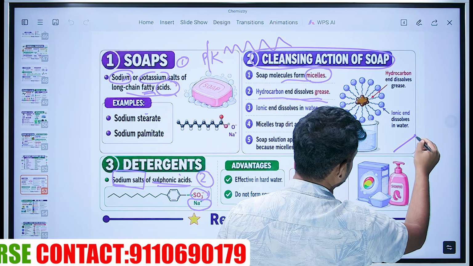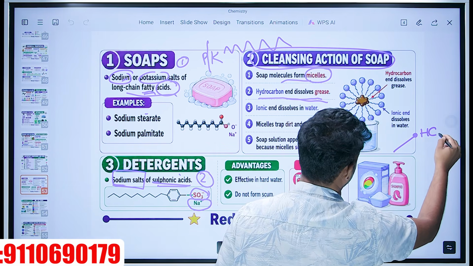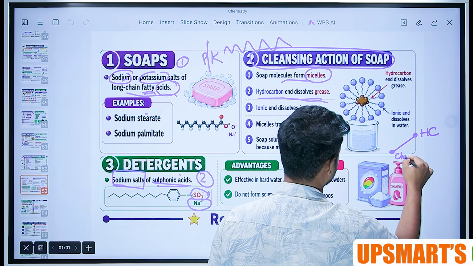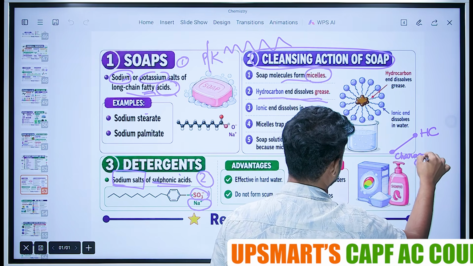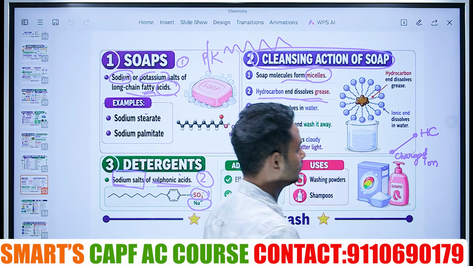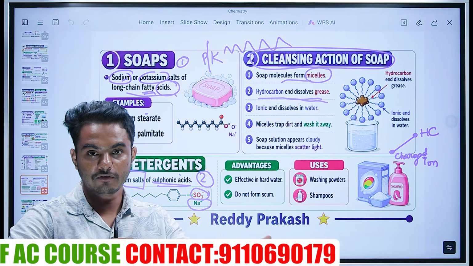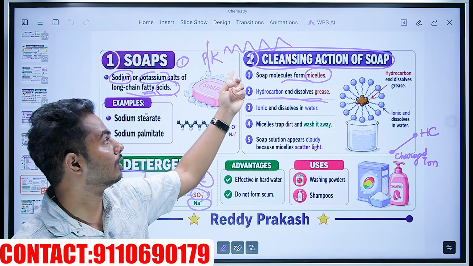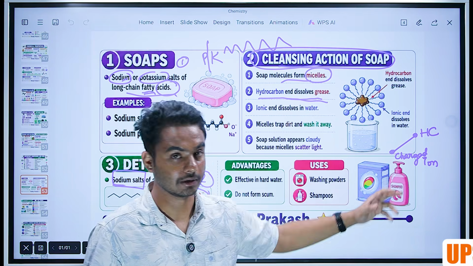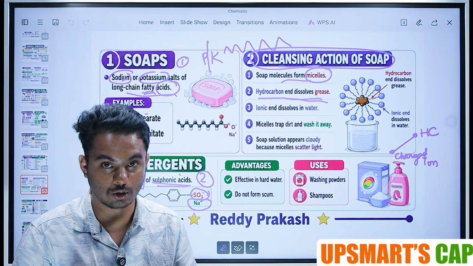One end will be the hydrocarbon end. The other end will be ionic, meaning a charged ion end. There is a chain of sodium and potassium long chain fatty acid. One end will have hydrocarbon. The other end will have charged ions.